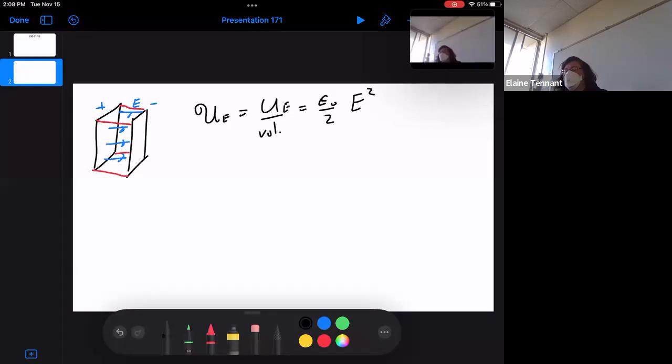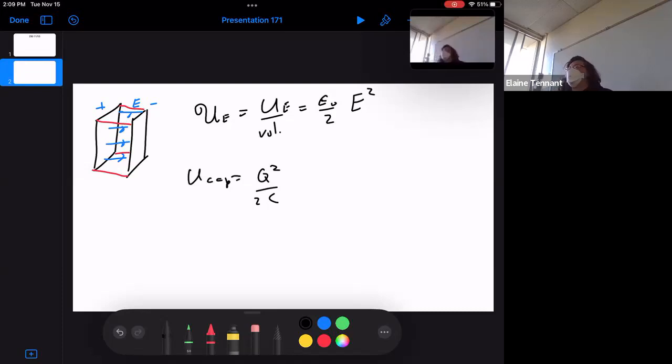Basically, what we did was say, I can tell you how much energy is in a capacitor. We have the energy of a capacitor, Q squared over 2C, that we had derived earlier from thinking about how a capacitor works in a circuit.